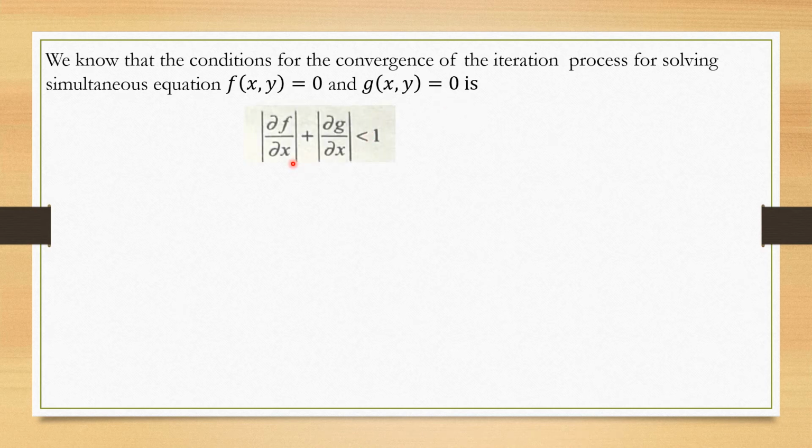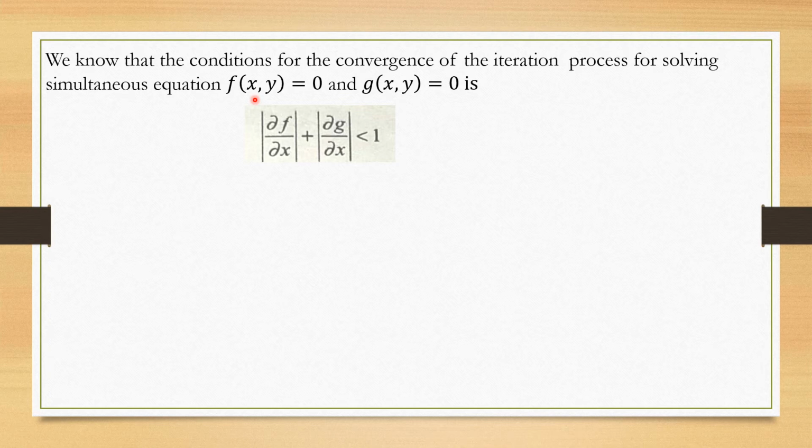We know that any method which can be written in terms of fixed point formulation can converge if |φ'(x)| is less than 1. Here we have two equations, or we may have more than two equations.